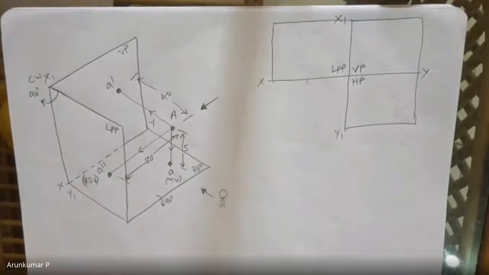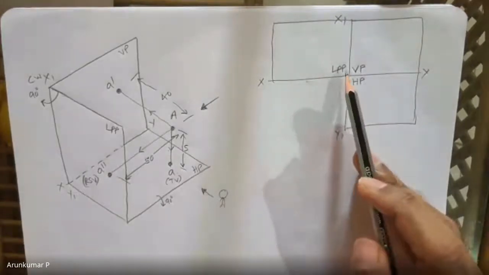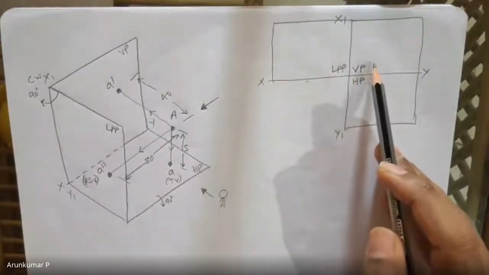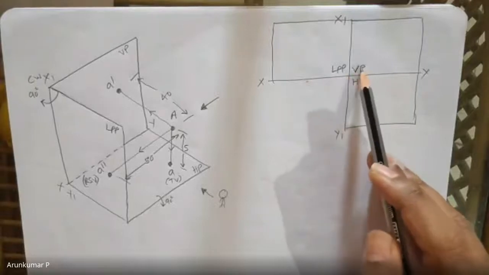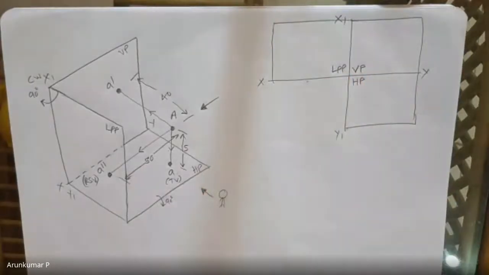I hope this is clear. Since the plane is on the left side, you should draw LPP to the left of VP. Okay. This is the arrangement of planes.